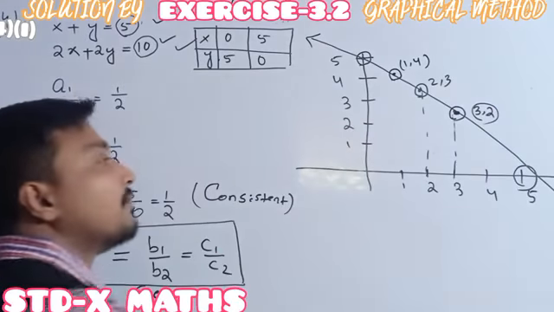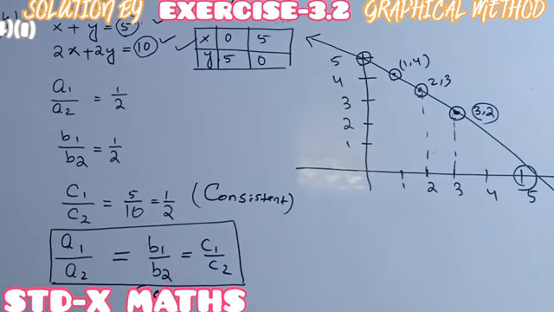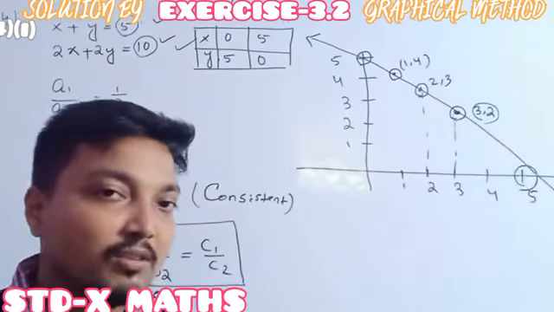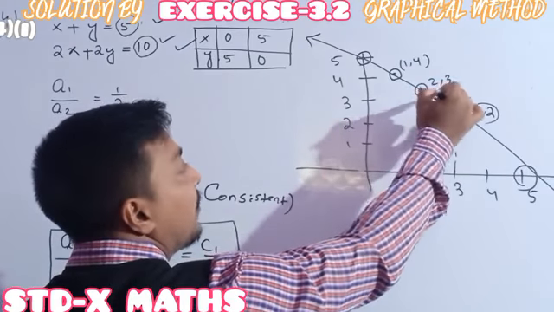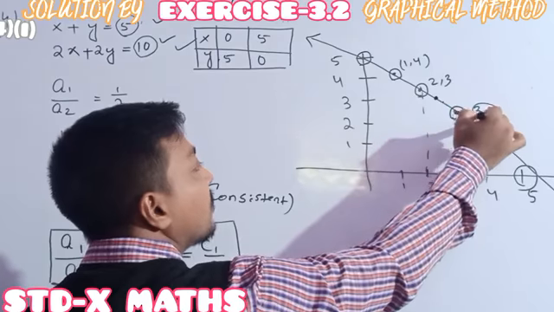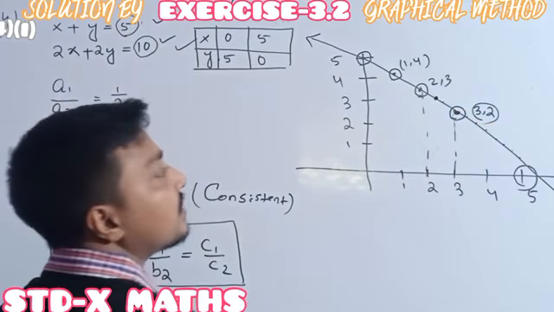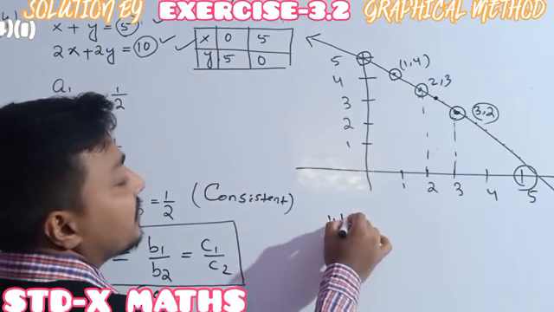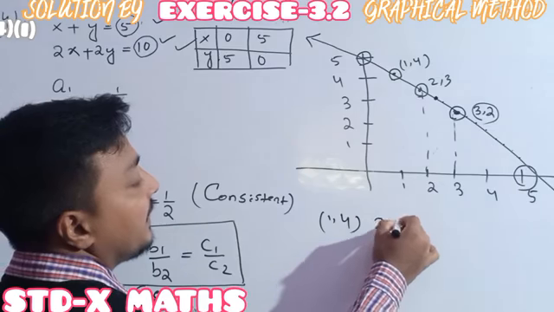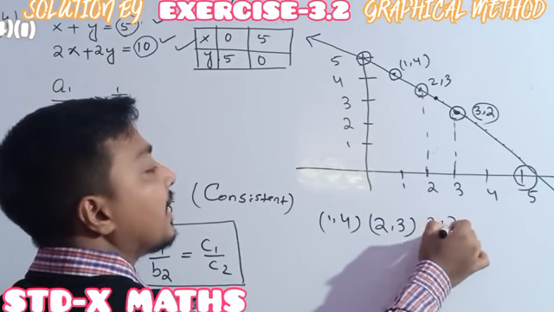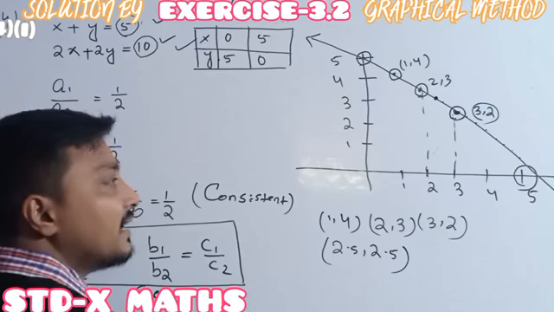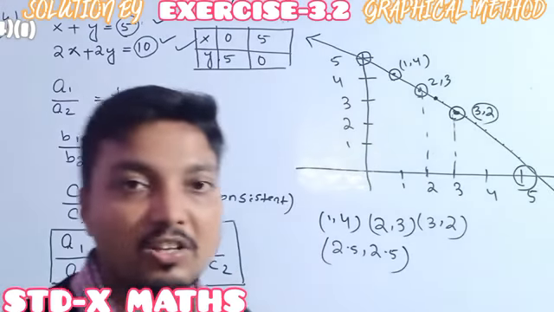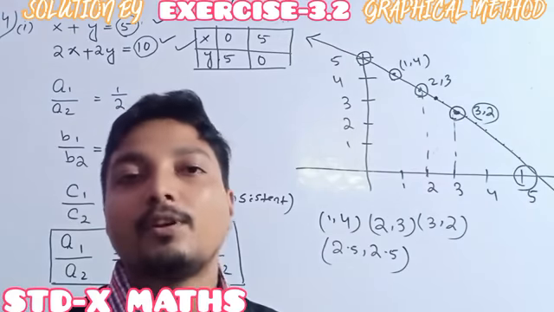Whenever the lines are coincident, the pair of linear equations has infinitely many solutions, and any point that lies on the line is a solution. So 1, 4 is one solution, 2, 3 another solution, 3, 2 another solution, 2.5 another solution. This means having infinitely many solutions. Understood this question? So now we will do the next question.